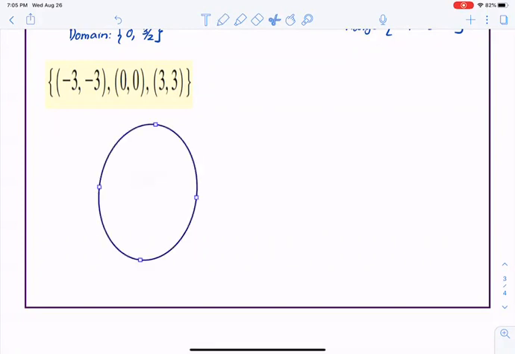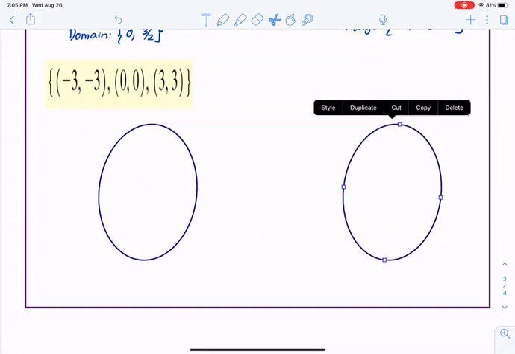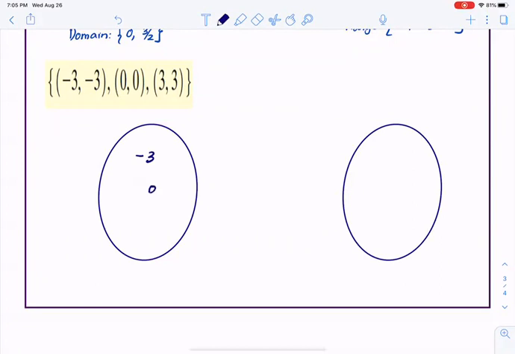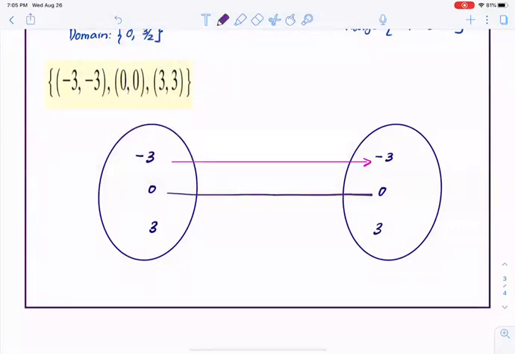So here we have three values. For x, I'm going to put them in order: -3, 0, and +3. And we also have three different y values: -3, 0, and +3. So -3 from x goes to -3 in y. 0 goes to 0 in y.